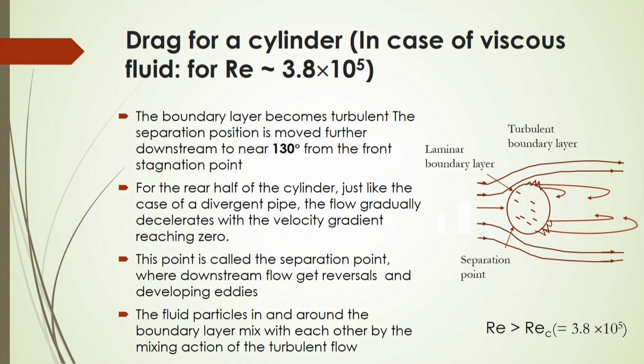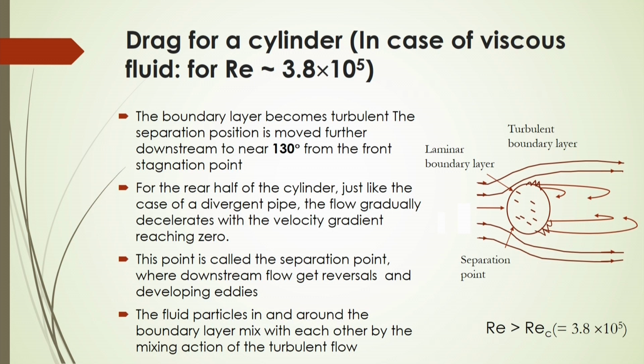And for the drag on a cylinder in the case of a viscous fluid, if the Reynolds number is almost 3.8 into 10 to the power 5, that is at this critical Reynolds number, then the boundary layer becomes turbulent and the separation position is moved further downstream to near 130 degrees from the front stagnation point.